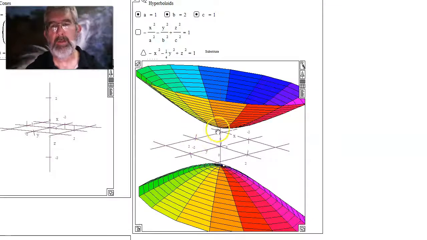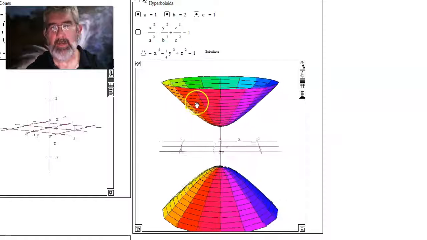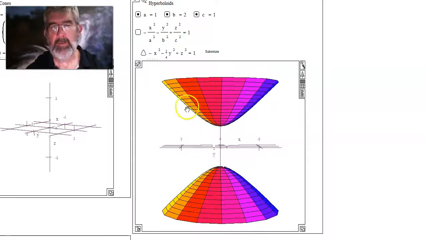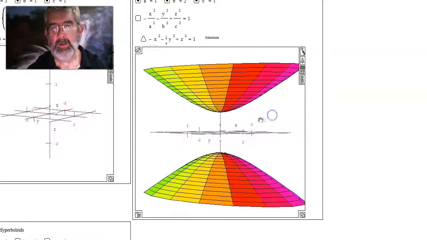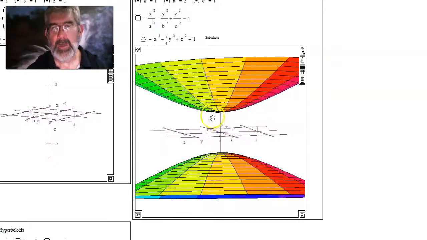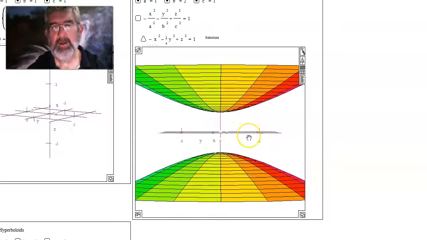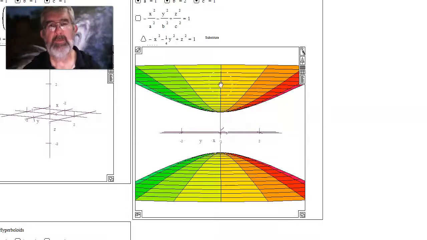So changing b to b2 stretched my basic hyperboloid of two sheets in the y direction. It still would look exactly the same if I look down the y-axis and I'm seeing only the x and z. But when I look at it this way and seeing y and z, it's definitely stretched in that direction.